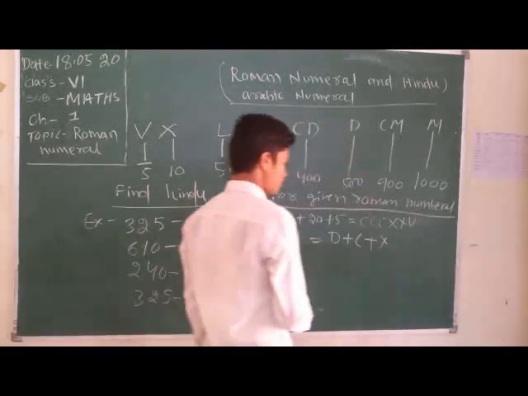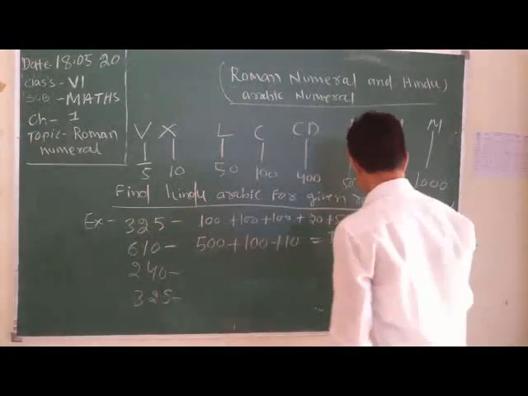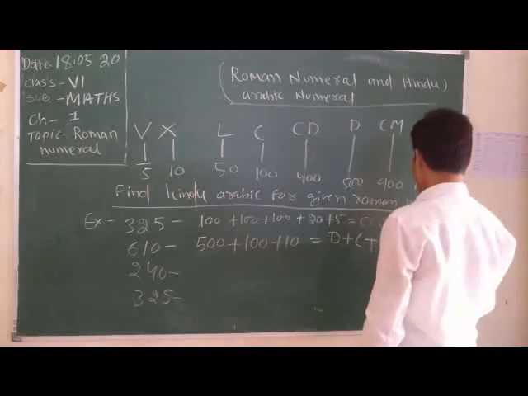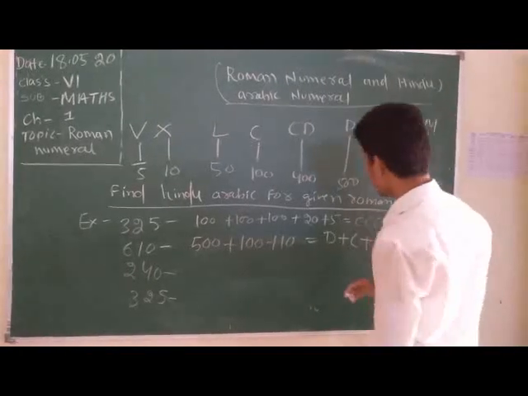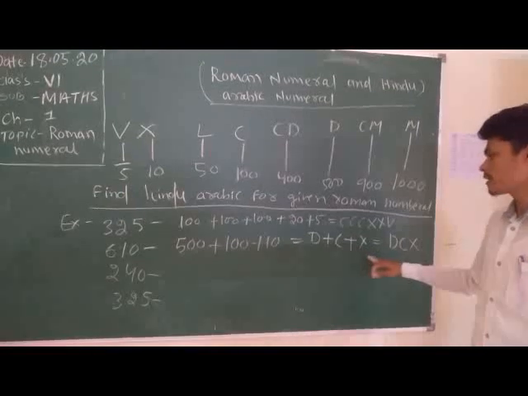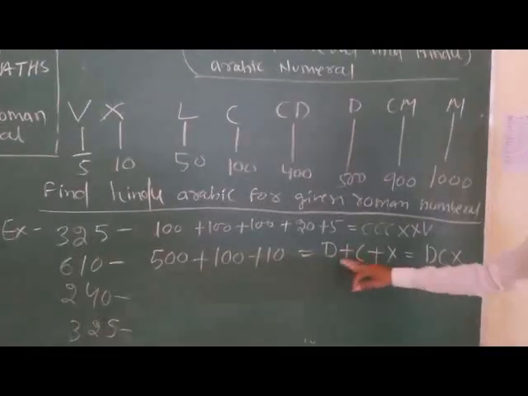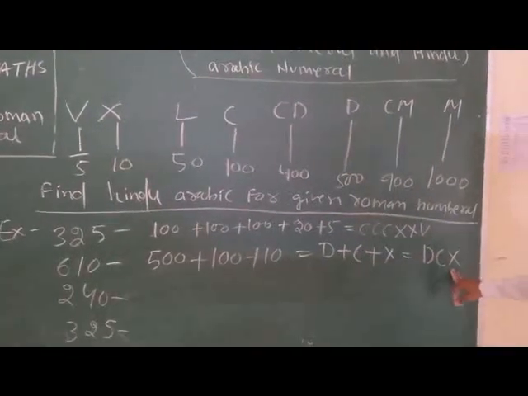The answer is DCX. No need to write D plus C plus X. If you write directly you get the answer, or write like this also. No problem, both values are the same.